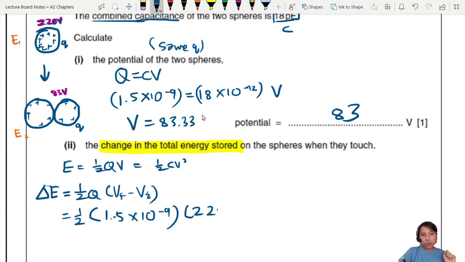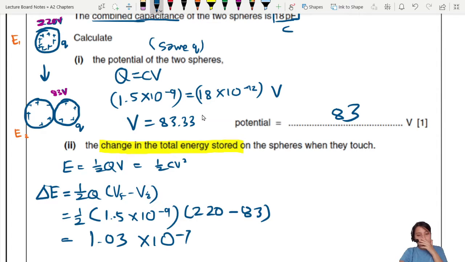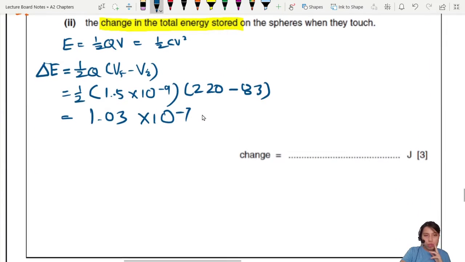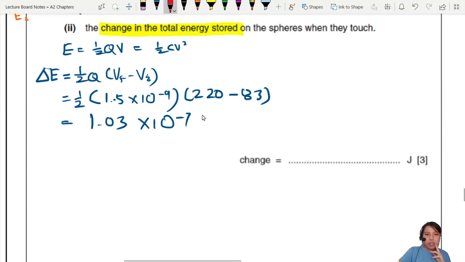So 220, it's a decrease, but we don't care about the positive negative sign, so we just want to find the change. Although it should be like 83 minus 220, never mind lah. So if you do this in minus, you will get about 1.03 times 10 negative 7. Oh, it's a decrease actually, because it's supposed to be 83 minus 220. So here 3 marks. Final answer times 10 negative 7. That's A1.